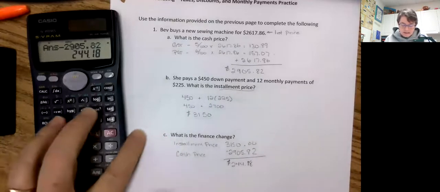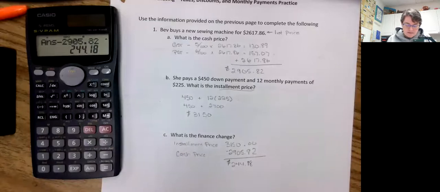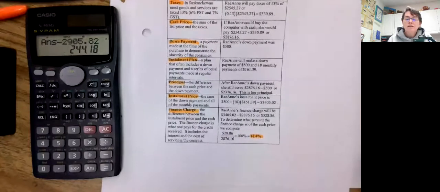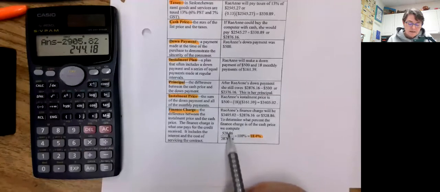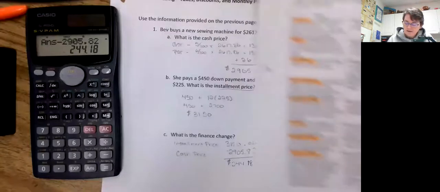And oh, last bit. What percent is the finance charge of the cash price? Okay, that is our very last part there. It shows you determine what percent. We'll take the finance charge over the cash price, and multiply by 100.